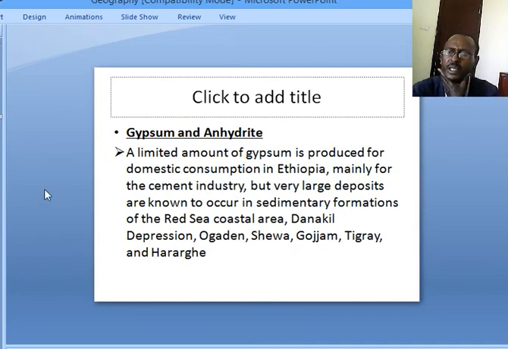Gypsum and anhydrite. A limited amount of gypsum is produced for domestic consumption in Ethiopia, mainly for the cement industry, but very large deposits are known to occur in sedimentary formations of the Red Sea coastal area, the Danakil depression, the Ogaden, the Shoa area, Gojam, Tigray, and Hararge.